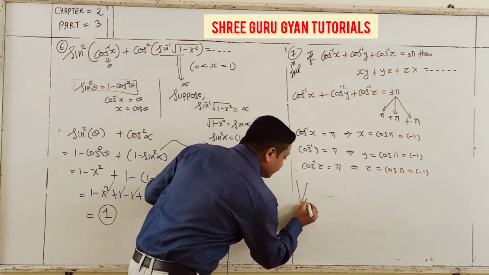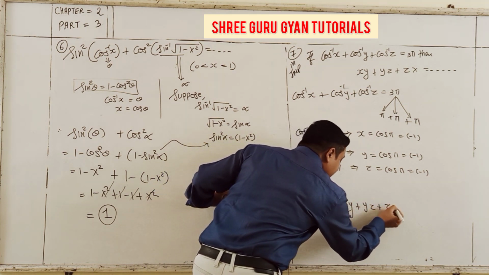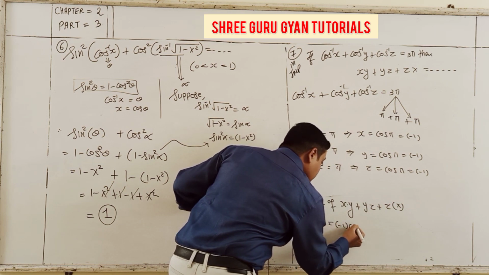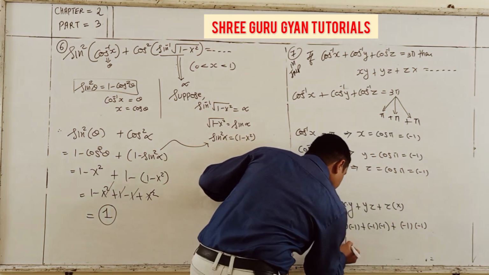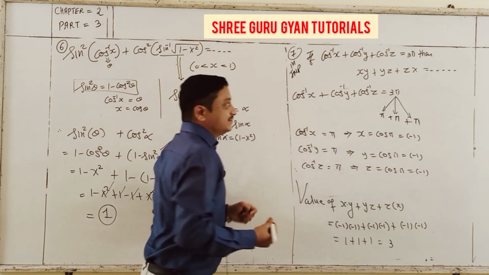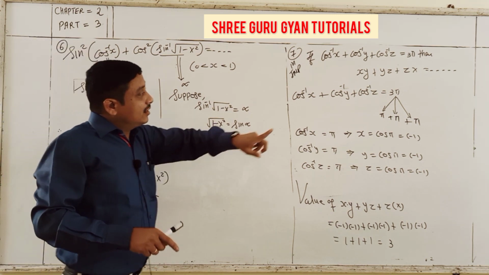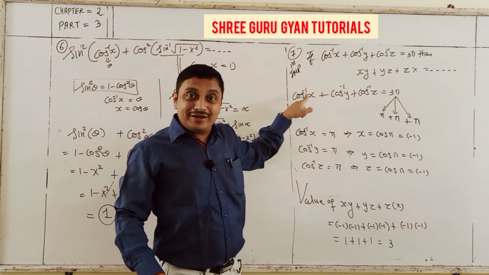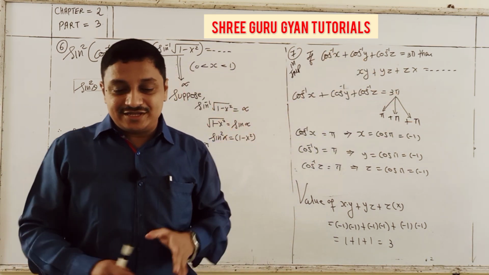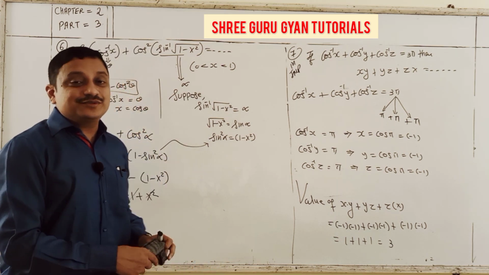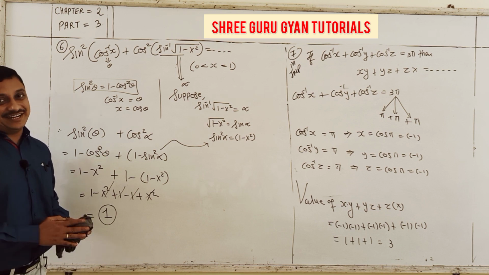So the values of xy, yz, zx are all -1 times -1, so it will be 1 plus 1 plus 1, that is 3. Very easily you calculate your sum. Again repeat, the number of terms on the left side is 3, so on the right side also you create an equal number of terms, and then you can apply the comparison. Very easily we are done here.